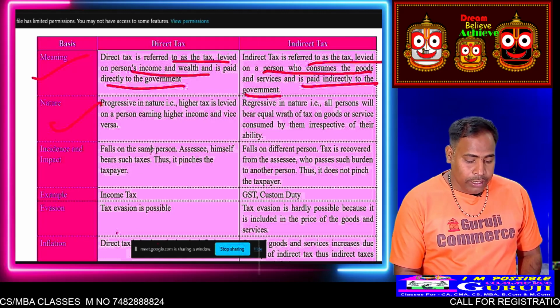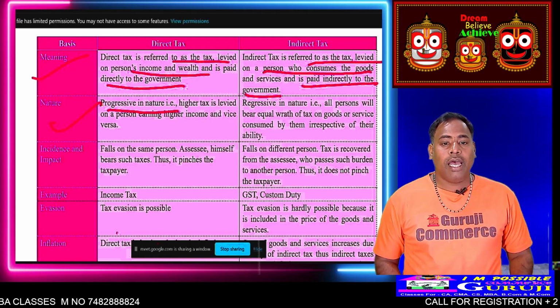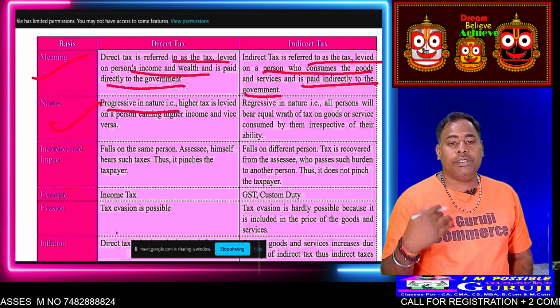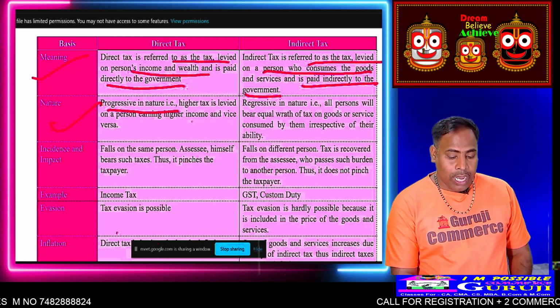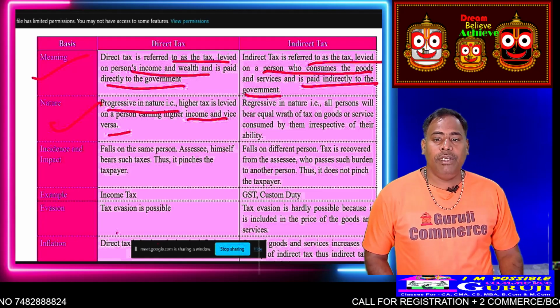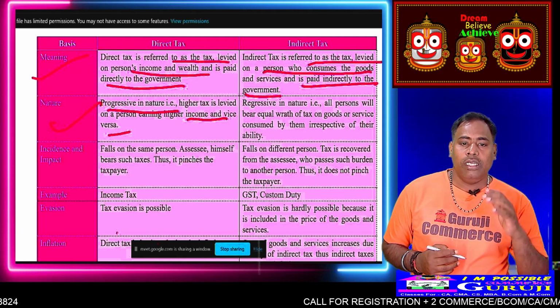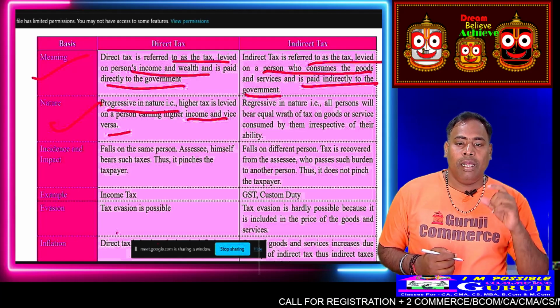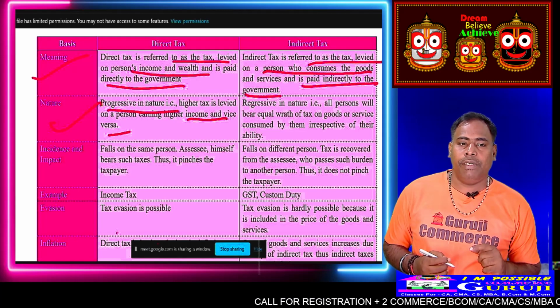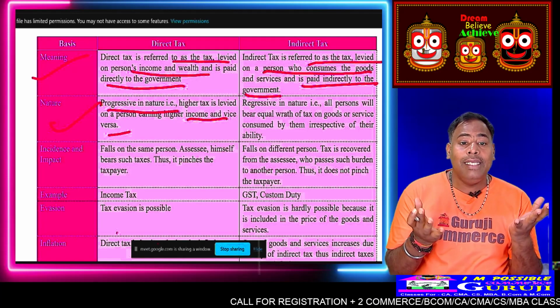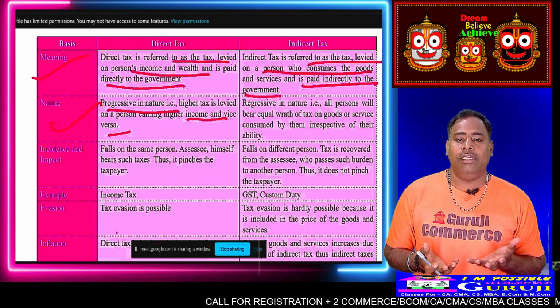The nature: direct tax is progressive in nature, meaning higher tax on the person who has higher income and vice versa, more income, more tax, because income tax has different slabs: 5%, 10%, 20%, 30%. As income increases, the tax rate increases.